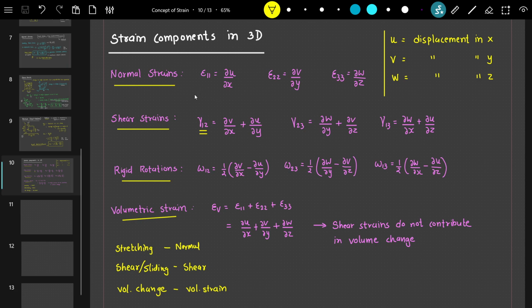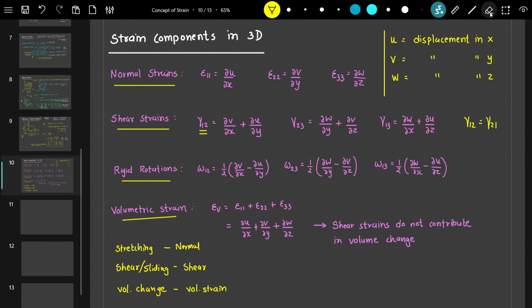So this is about strain components, and we have 9 stress components in stress matrix. Similarly, we have 9 strain components in strain matrix. So 3 normal strain components and 6 shear strain components. Okay, we can say here gamma 12 is equal to gamma 21.